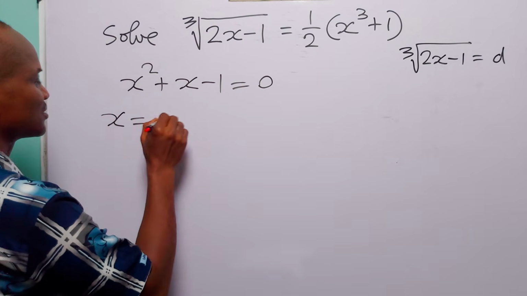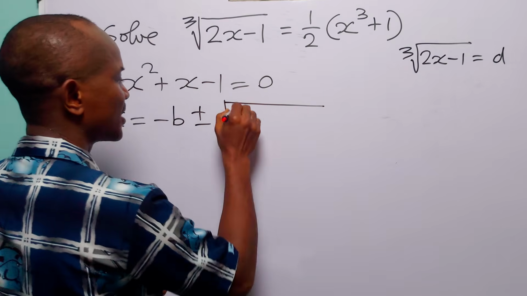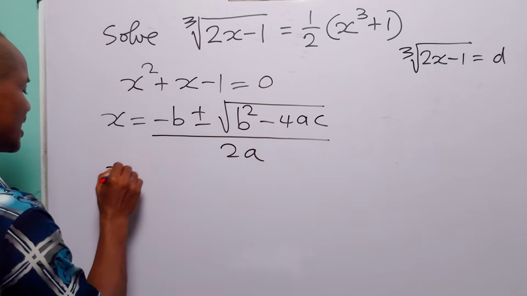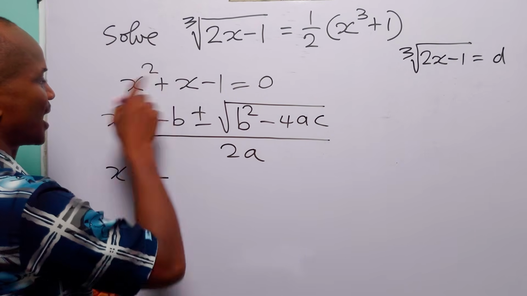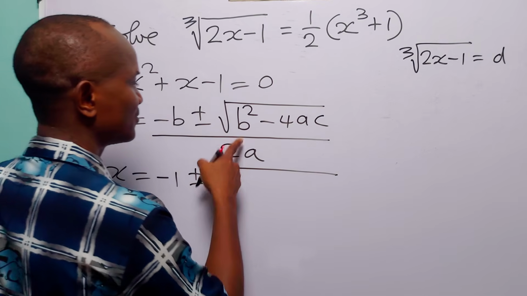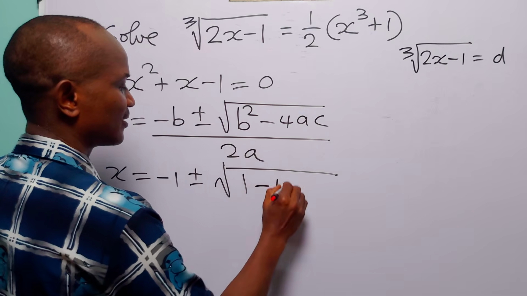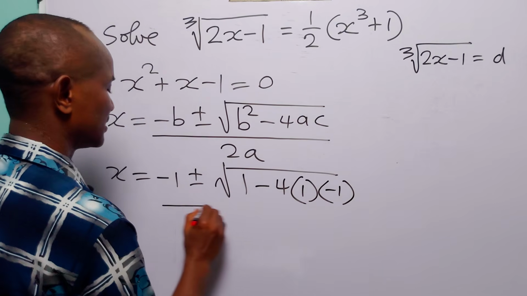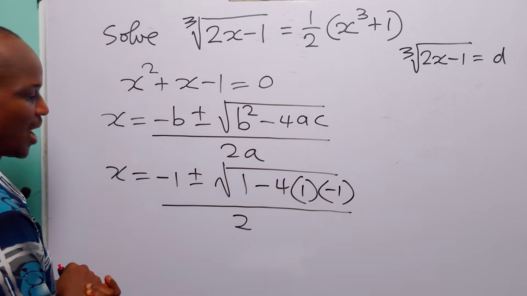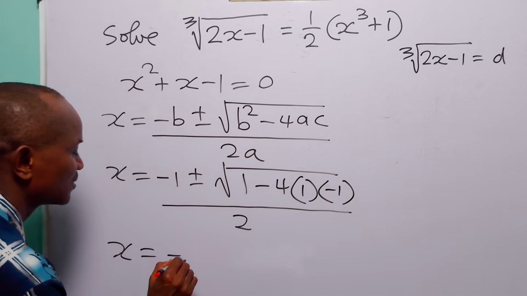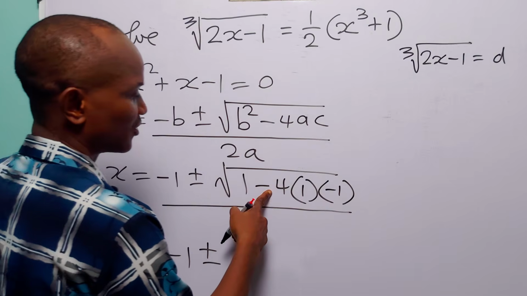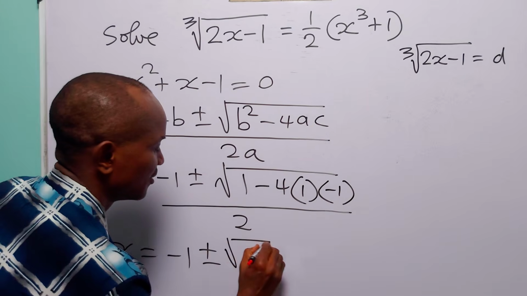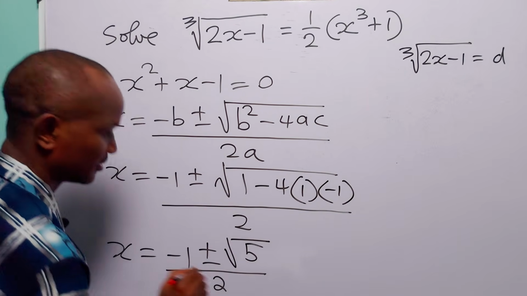We have that x is equal to minus b plus or minus the square root of b^2 minus 4ac, divided by 2a. x is equal to minus 1 plus or minus the square root of 1^2, which is 1, minus 4 times 1 times minus 1, divided by 2 times 1. x is equal to minus 1 plus or minus the square root of, 4 times minus 1 is plus 4, 1 plus 4 is 5. So this is root 5, divided by 2.